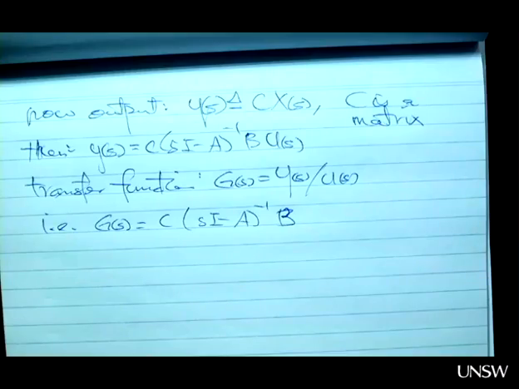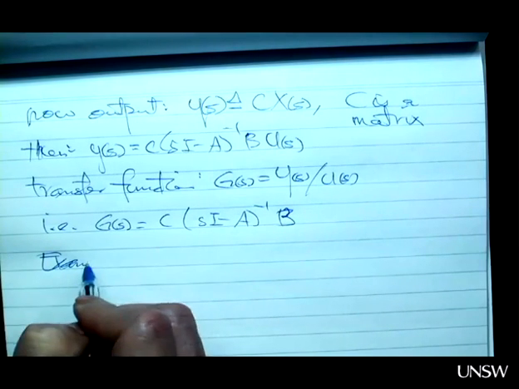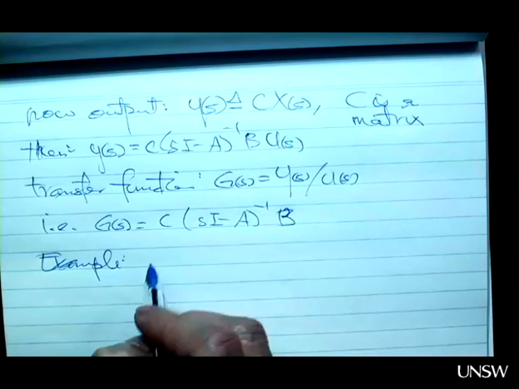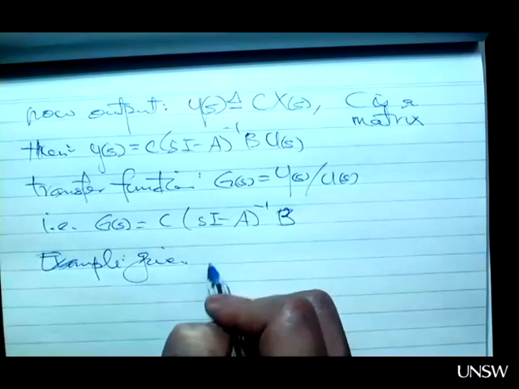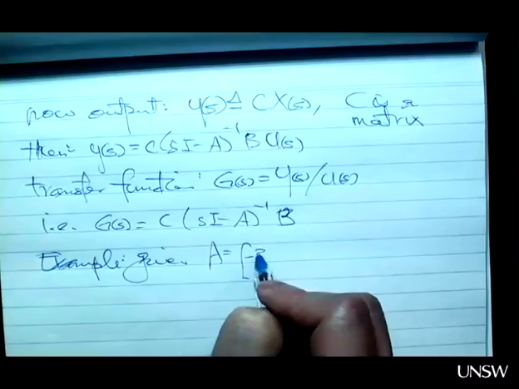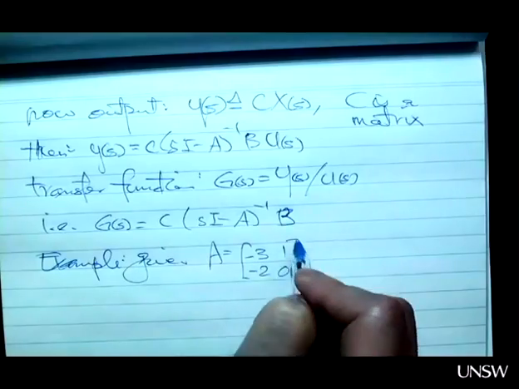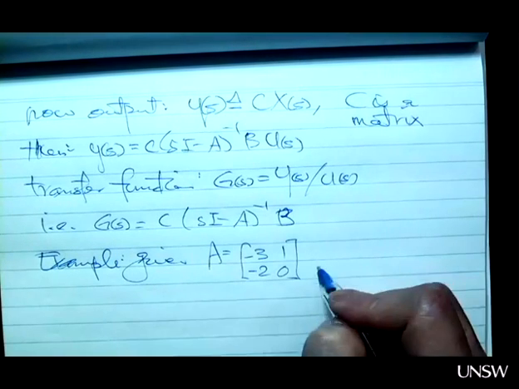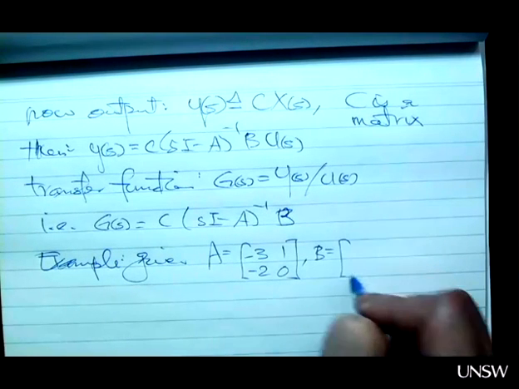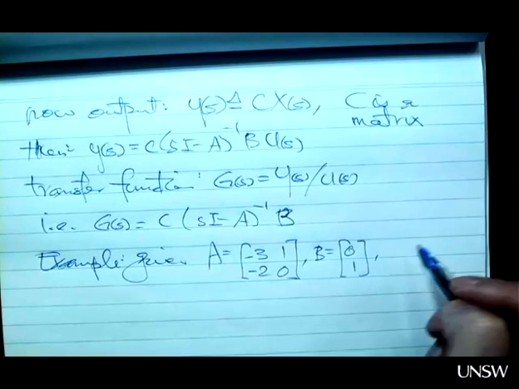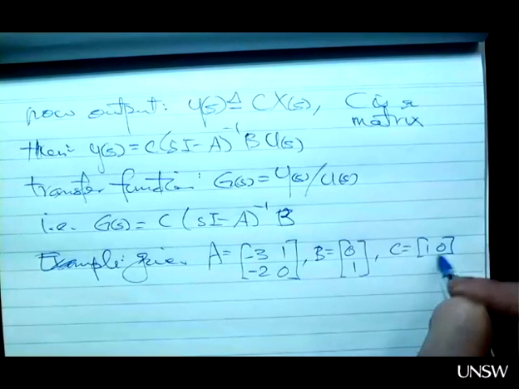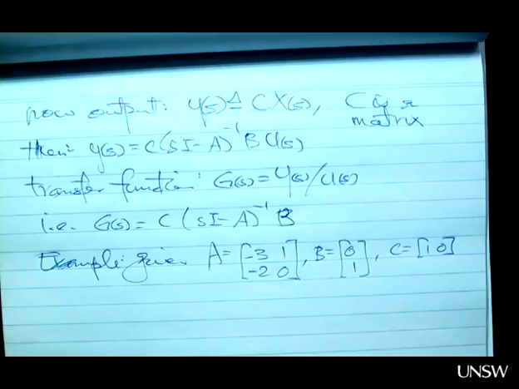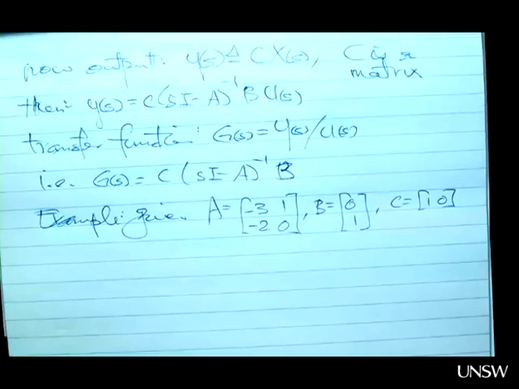Okay, then let us look at an example. Suppose we are given A equals minus 3 and minus 2, some easy numbers to calculate. If we are given this, then we do the calculations step by step.